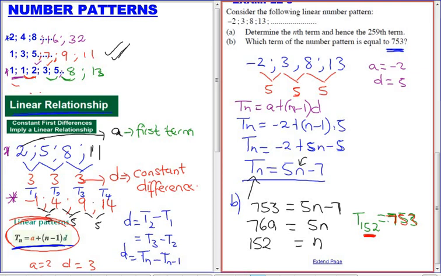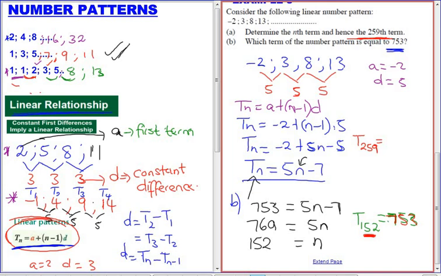Okay, before I go, noticing that here on A, we also had to find the 259th term. So if you would like to get T259, please notice when they give it to you like that, it means it's the position of the term. 259 here happens to be equal to n, not Tn.